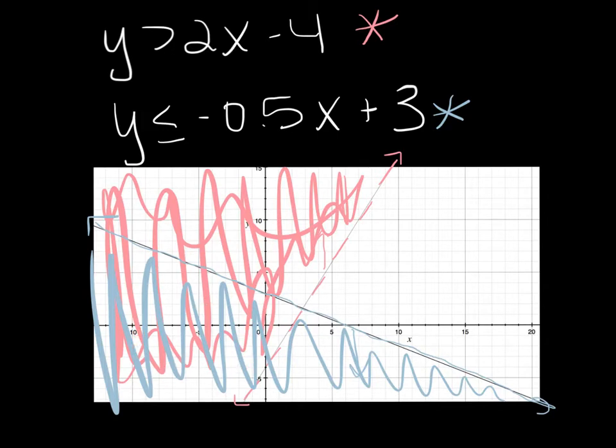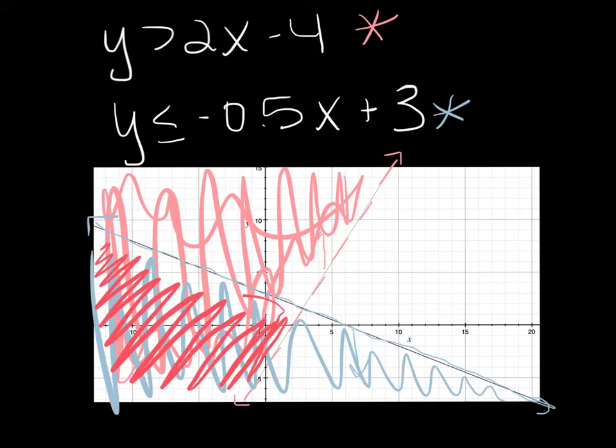So I'm going to shade that in a darker pink. Boom. That is our solution. So we have this where it's including this line right here, right? We've included the blue line and we've dashed this pink line, and that is now the solution.